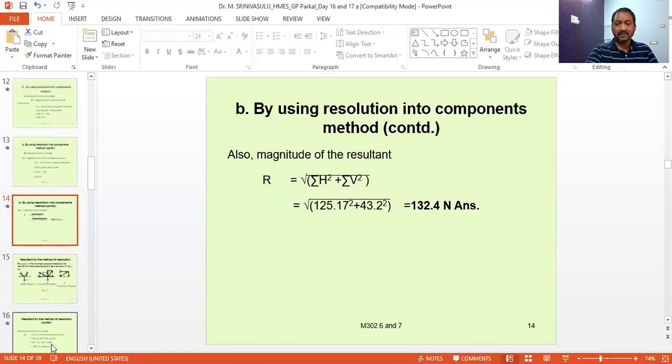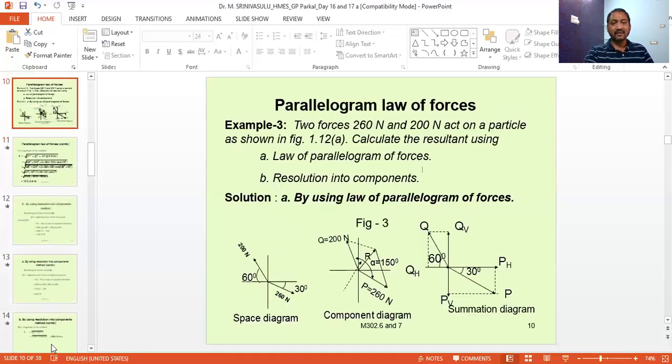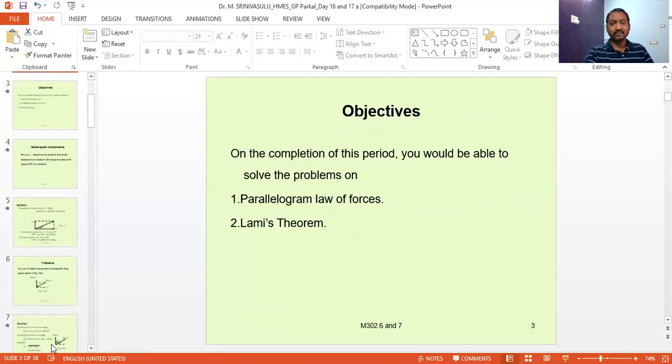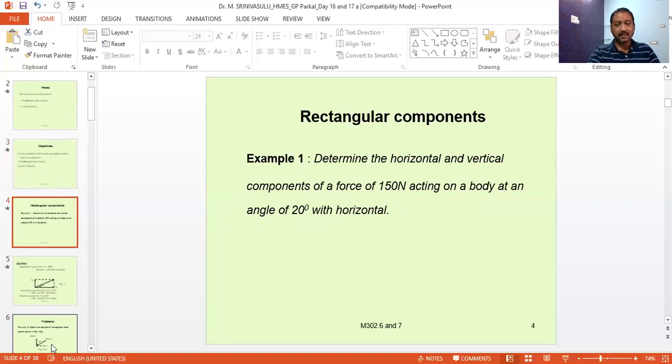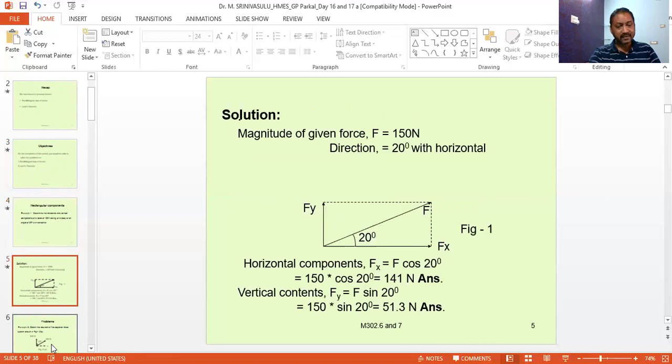Now coming to the summary part, up to here we have covered some of the problems on parallelogram law of forces and also the resolution of forces, and we have solved some of the problems on the components of the forces.